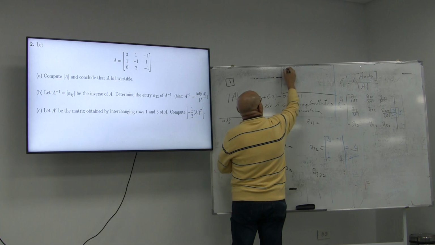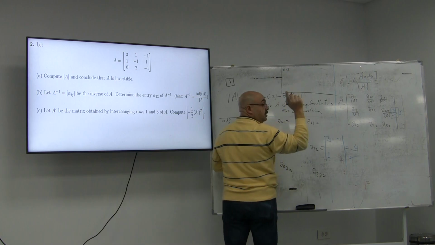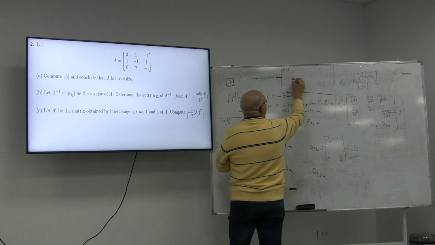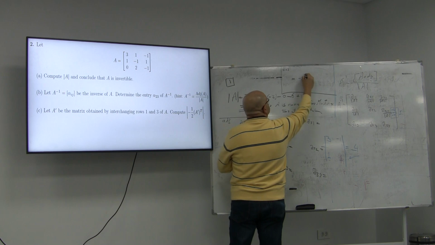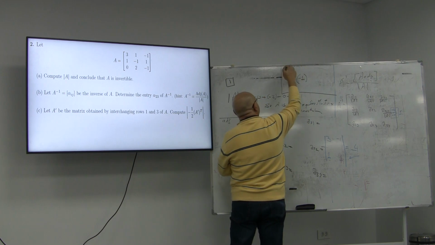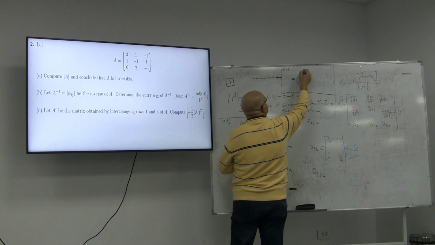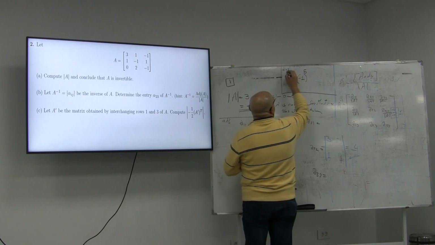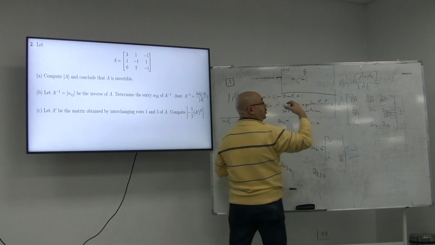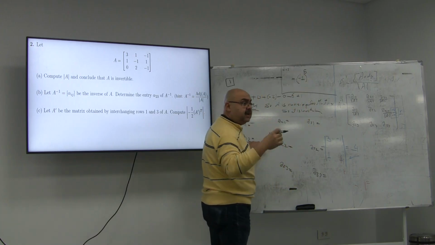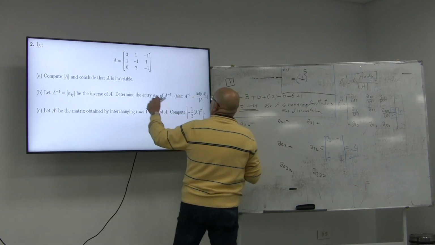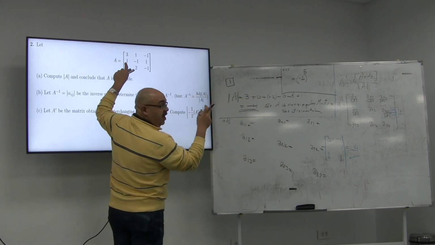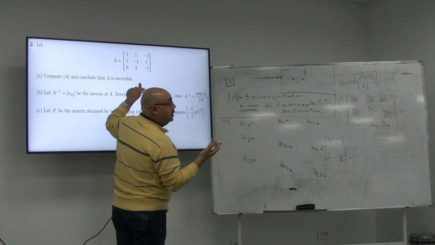You need the entry 2 3, which is going to equal, by the sign rule, negative 1 to the power of the sum of these two values, which is 5. It's going to be negative. Then the entry 2 3 corresponds to the third row, second column in the main matrix. So instead of going 2 3, I will go for 3 and 2.